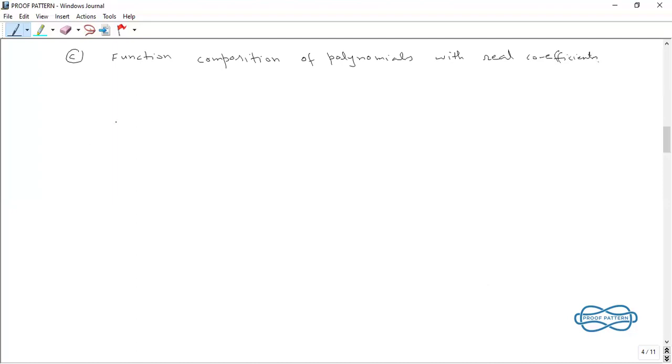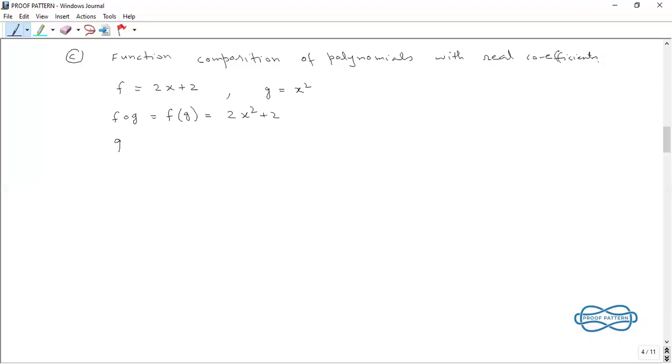We also give a counter example by taking f equal to 2x plus 2 and another polynomial g, for example, x square. First we have to check the composition f of g, which means wherever there is x in f, we have to put the g. So it is 2x square plus 2.